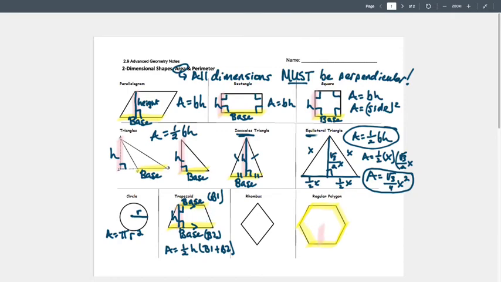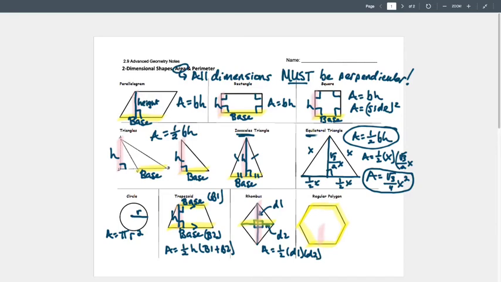All right, on a rhombus, if you'll recall, the things that are perpendicular are the diagonals. This would be a diagonal, and this would be a diagonal, and those diagonals are perpendicular to each other. That's one of the properties of a rhombus. So this would be diagonal 1, and this would be diagonal 2. I'm going to highlight those real quick. So we've got this and this. Those are the perpendicular parts. So your formula is area equals 1/2 diagonal 1 times diagonal 2.